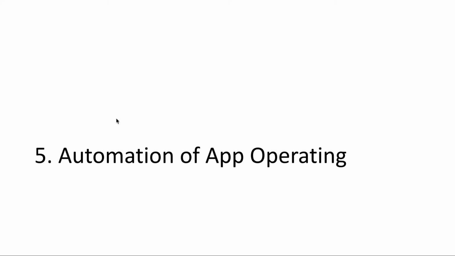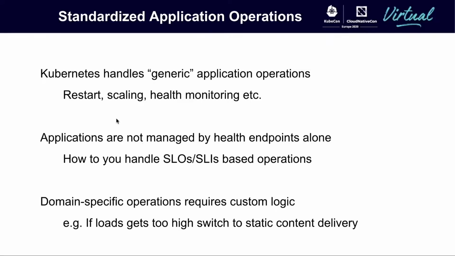The last challenge we want to talk about here is really operations automation, but not so much at the infrastructure and container level, but really moving it up to the application level, and ideally doing this in a reusable format. Kubernetes is great at handling generic application operations: restart, scaling, health monitoring based on health endpoints and readiness endpoints.